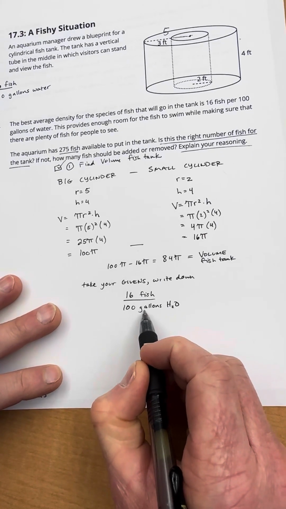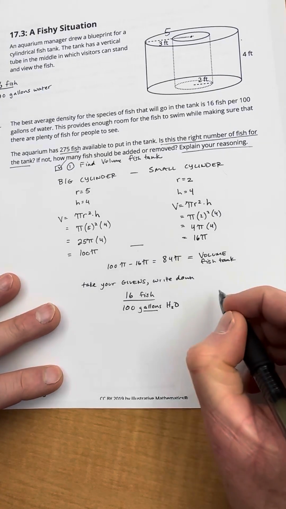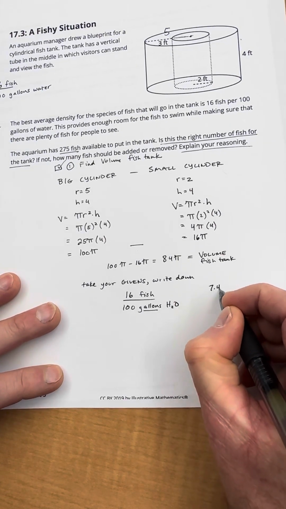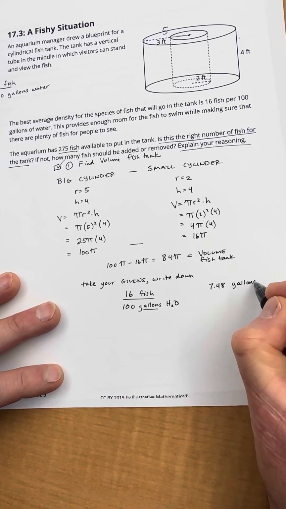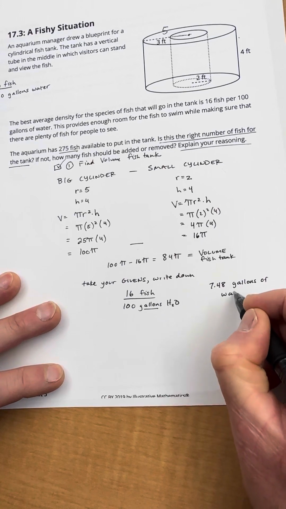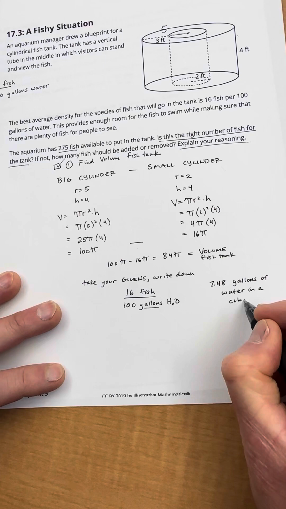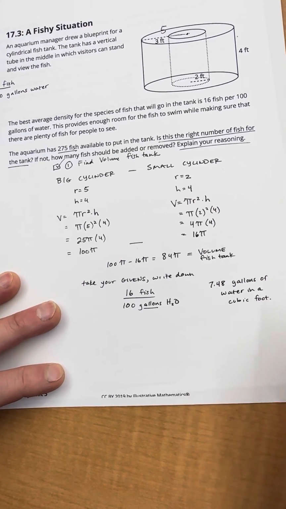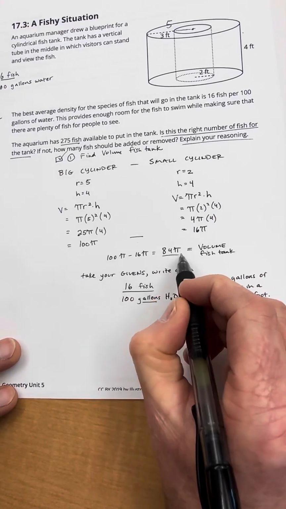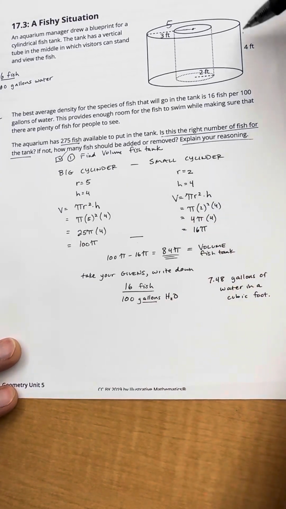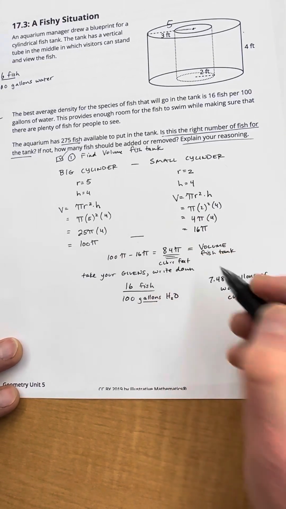Well, you need to know something. You need to know this. There are 7.48 gallons of water in a cubic foot. Okay, and we have 84 pi cubic feet of volume.